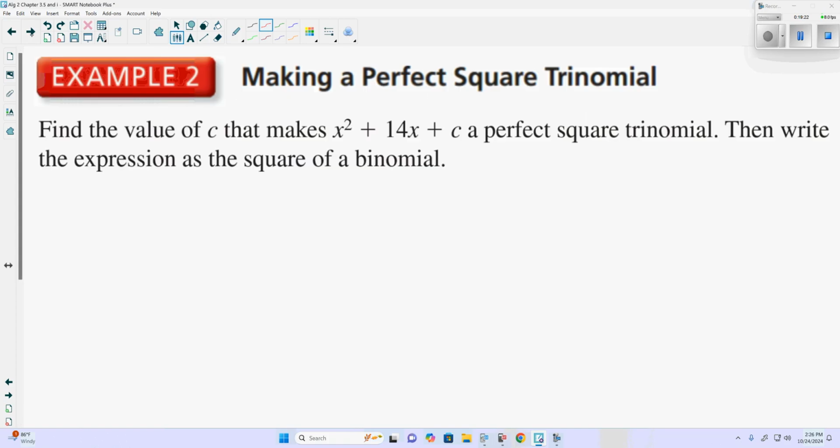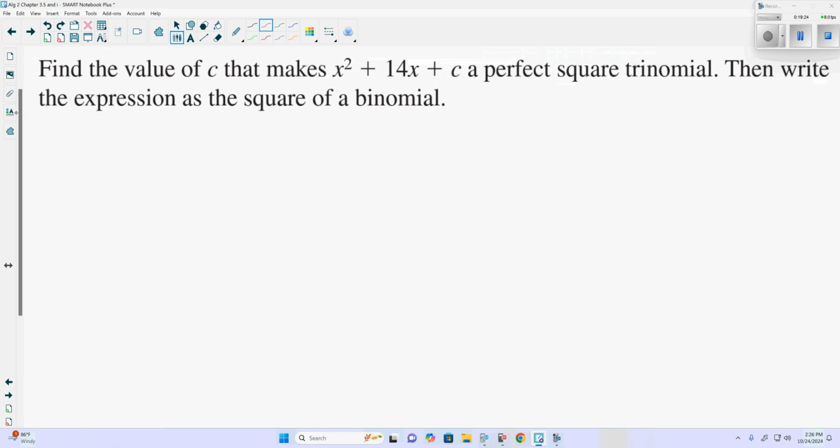And to do that, the first thing we're going to do is find out how to get a value of c that will make it a perfect square trinomial. And the formula for finding this c is b over 2 squared. c is equal to b over 2 squared.